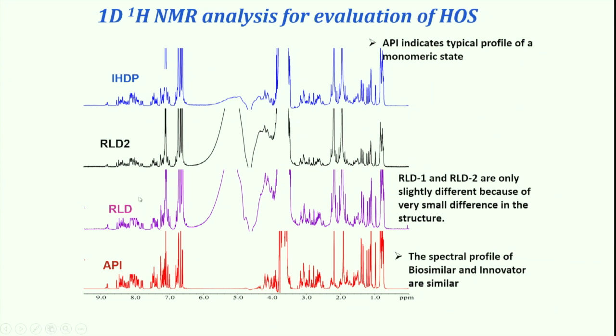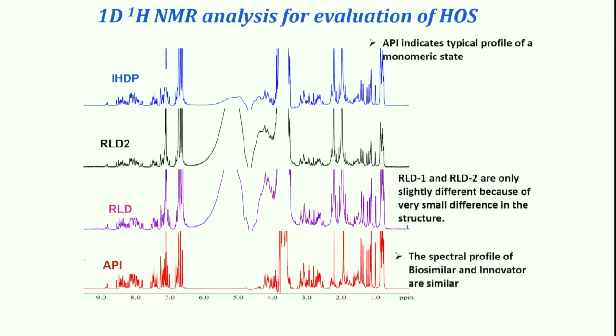So, even a little bit of variation, like if you look here, a little bit of variation between these, you can capture it. Now, that is qualitative: just by recording a 1D spectrum, we looked qualitatively and saw that the peptide structure in the formulated state is the same. Even between the two RLDs there is minute variation, and your drug product is overall matching with the RLD.